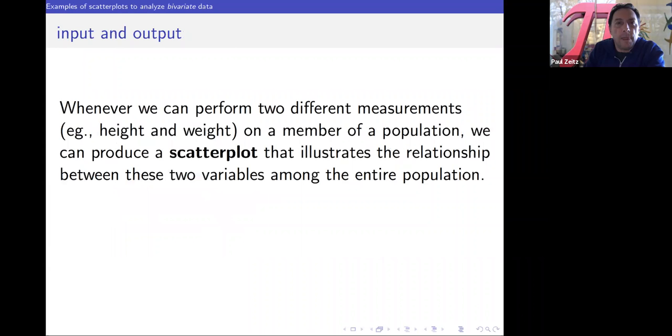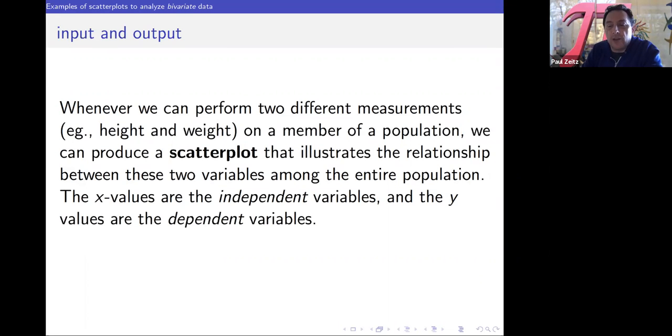Okay, so the idea of the stuff we're doing here is we need 2 variables. Whenever you have 2 different measurements, like height and weight, you can always try to understand the relationship between those 2 variables, and you just draw a plot. The X values we call the independent variables, and the Y values we usually call the dependent variables.